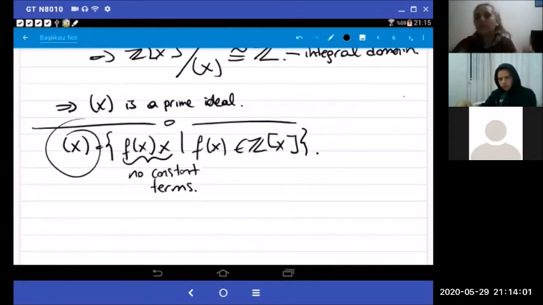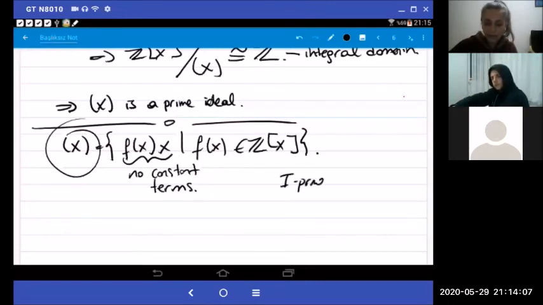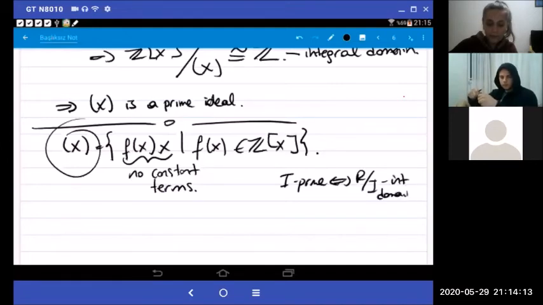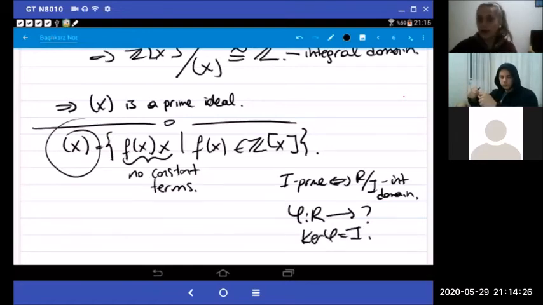Because you decided that you're going to use this theorem: I is prime if and only if R over I is an integral domain, right? So you know that you should write a homomorphism from your ring R to somewhere, but you're sure that your kernel is going to be I. You're going to try to define such a homomorphism, okay?